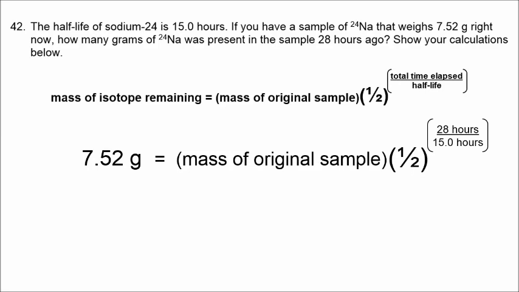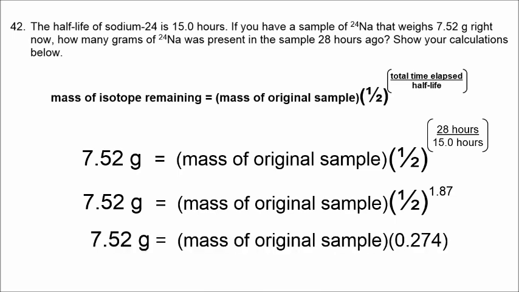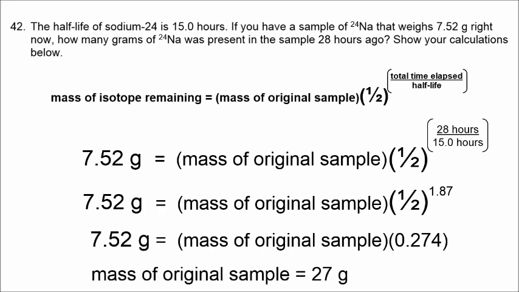We divide that by the half-life, which is 15 hours. So if we do the math, 28 divided by 15 is 1.87. Therefore, we're doing 7.52 divided by 0.274, and this gives us approximately 27 grams of the original sample that was present before the decay occurred.